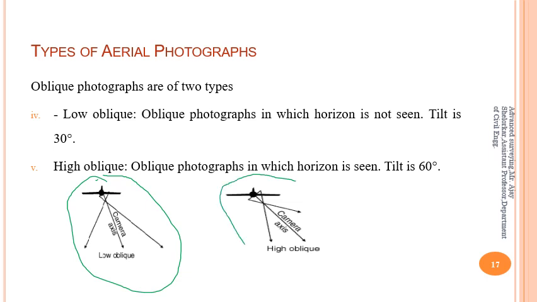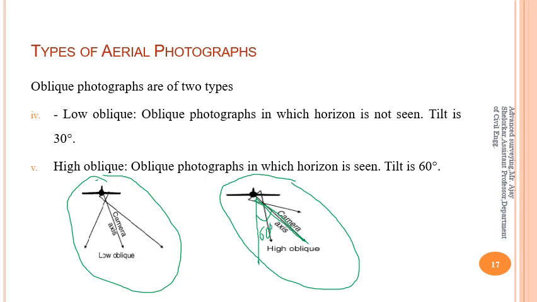This is the axis of the camera. This camera axis makes 60 degrees with the vertical. This is the vertical line, and here we measure this angle, which is equal to 60 degrees. Due to that, this is called the high oblique.